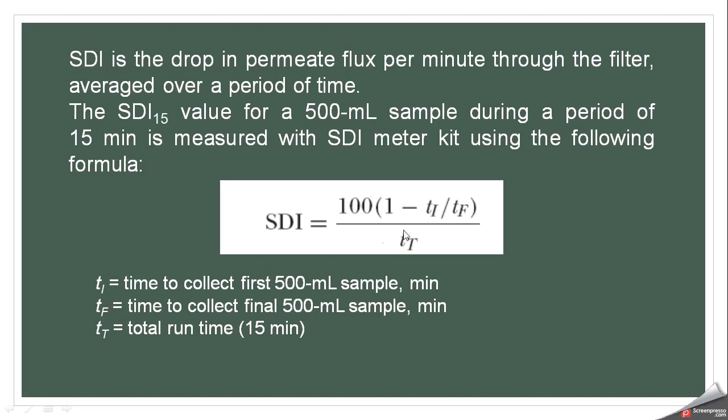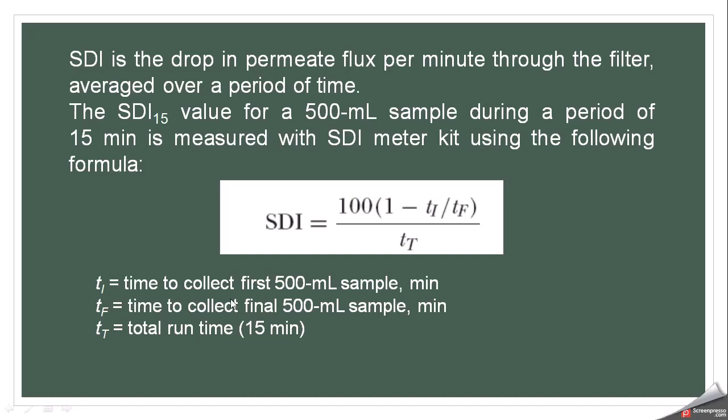Now here Ti is the time to collect the first 500 ml of the sample, that is, how much time it will take when we start the experiment. We note the time when the 500 milliliters of water pass through that filter. Then we allow the water to pass through for 15 minutes, and then we measure the final time, that is Tf.